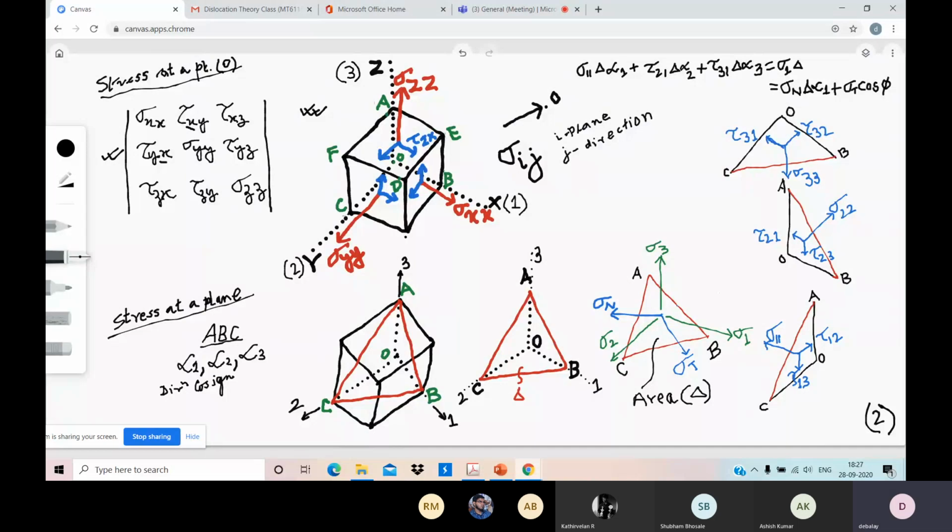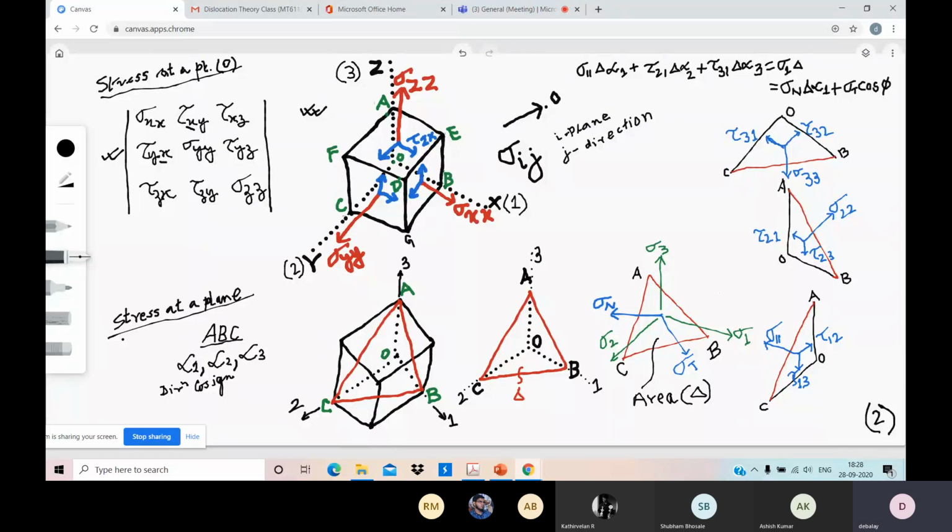Here I have to write something. You can take a particular value, suppose G or something. So the Y plane is basically FDGC, the X plane is EBGD likewise.